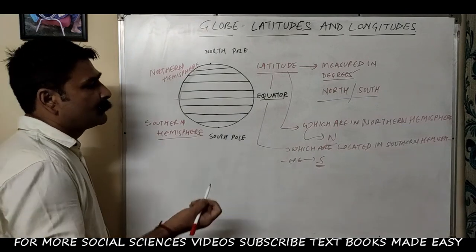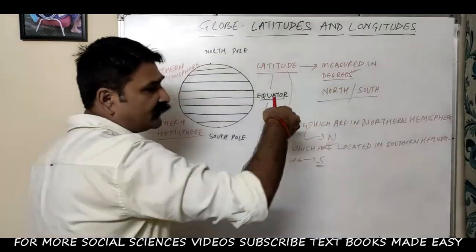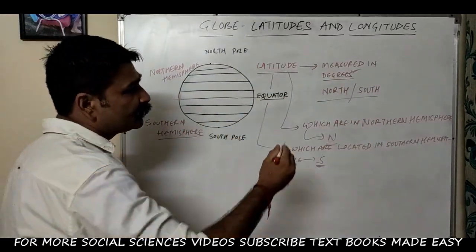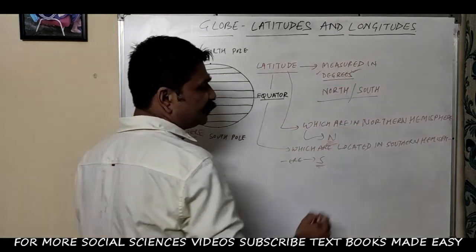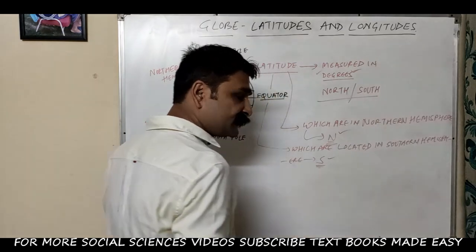Fine. So now I'll tell you about these degrees. Every latitude will have two things. First, they will be measured in degrees, and secondly they will have what? N or S with them.